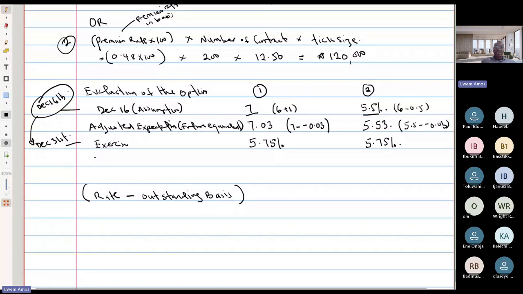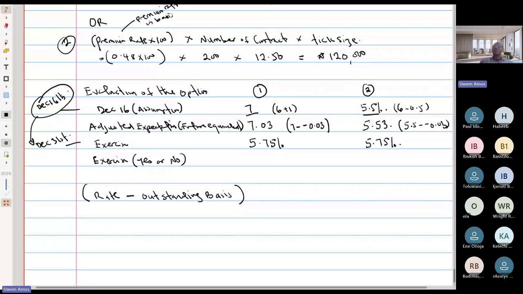Do we exercise? Do we go to the option guy and say, yes, we want to take our right to borrow at the rate we agreed, or not? Let's begin with the second one. Mr. Bighart had paid 120,000, and that 120,000 gives Mr. Bighart the right to borrow at 5.75%. It's a right, it's not an obligation.